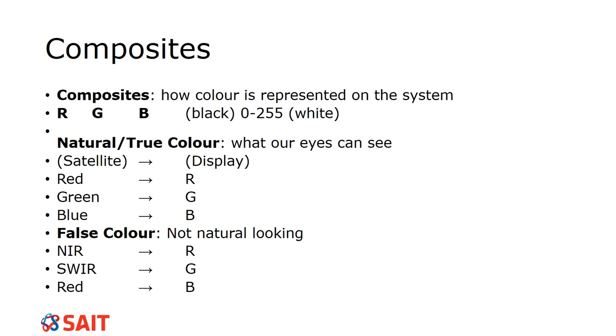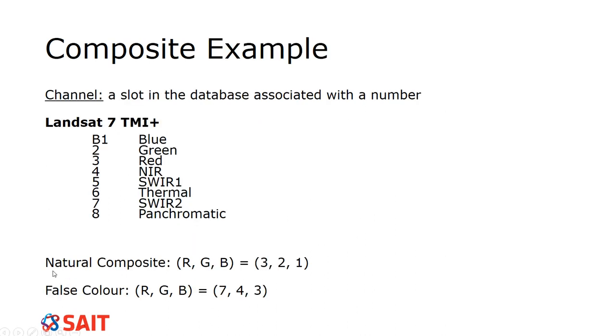Whatever bands that satellite has, it has something called channels. Let's move over here to this one. A channel is the slot in the database associated with the number. So, what are you talking about, Karina? Landsat 7. I'm doing this because on your assignment, you have to look up Landsat 8. So in Landsat 7, we have channel 1.